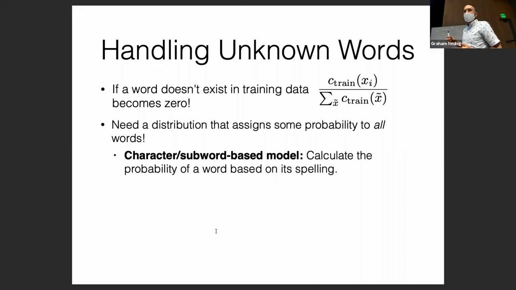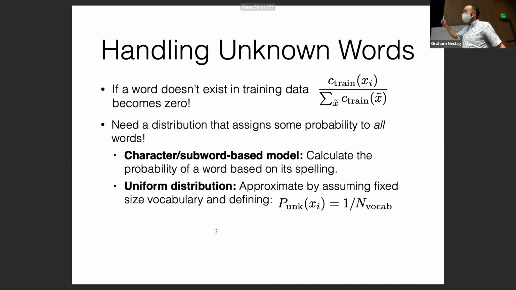This is a little bit more complicated. So the alternative is to do exactly what you just said. We could approximate something like this by assuming a fixed size vocabulary and defining the probability to be 1 divided by this fixed size vocabulary.